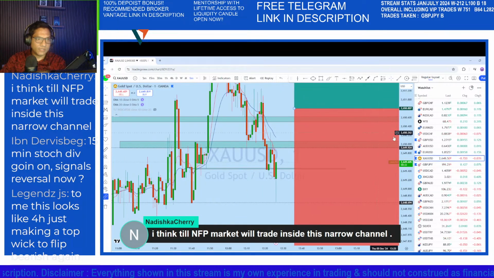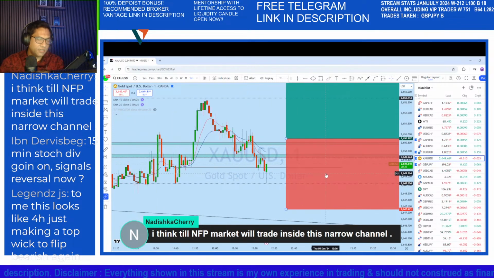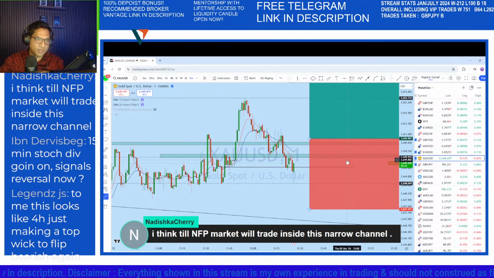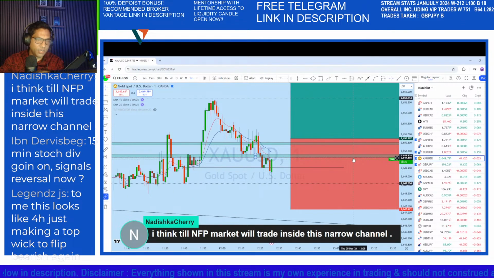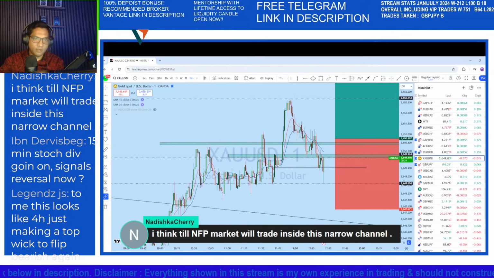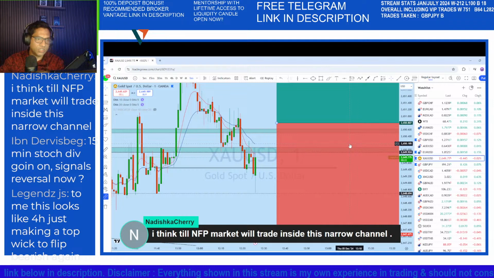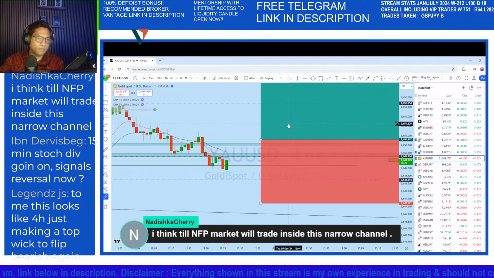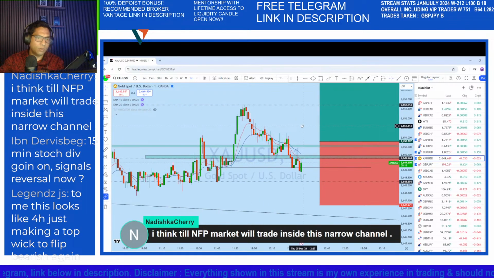Okay, so you can see the 1 minute candlestick pattern. There is a strong rejection on the 1 minute, and with that rejection, okay, bounce.